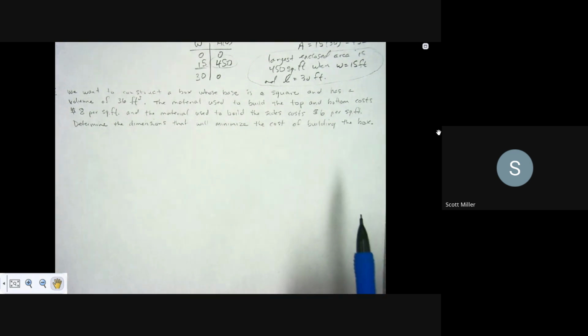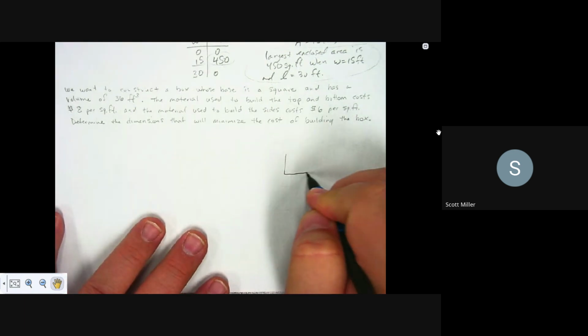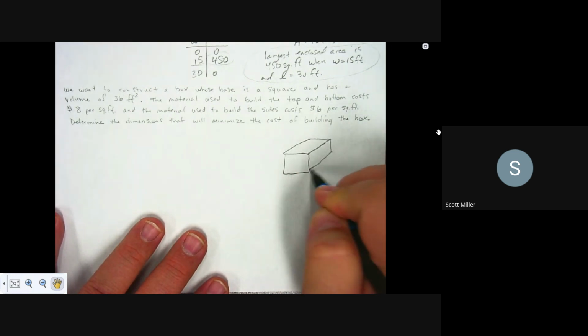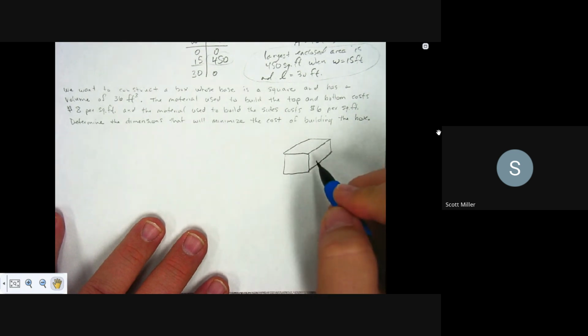Okay, so just like before, the first thing I want to do, if I have a geometric shape, is I always draw the geometric shape as best I can, labeling what I know. Again, you just do the best that you can. You're just trying to represent what you're doing. So here is a box.